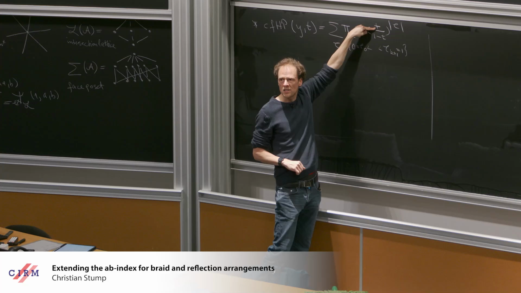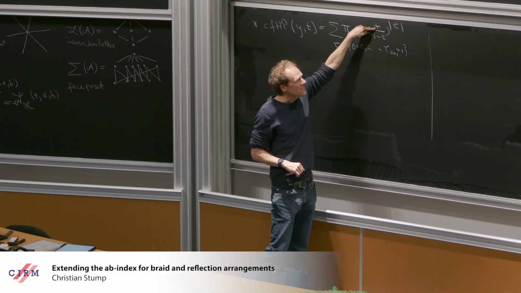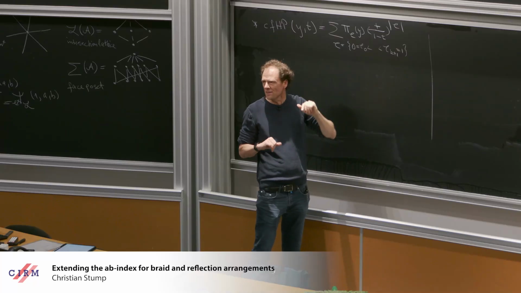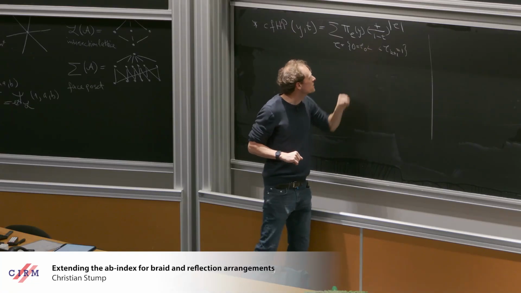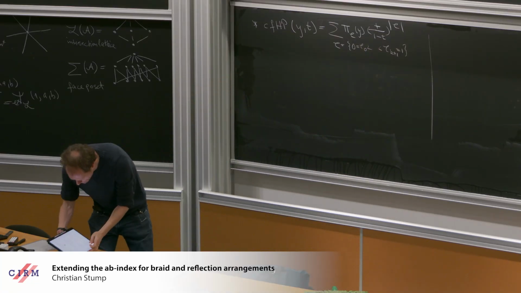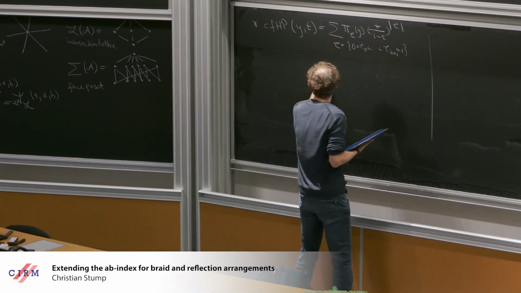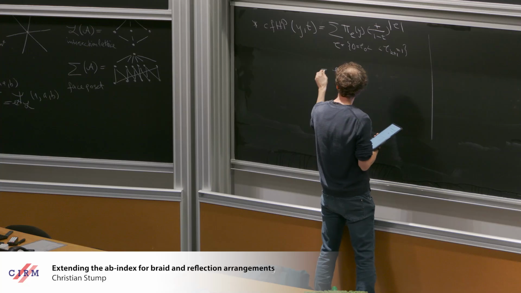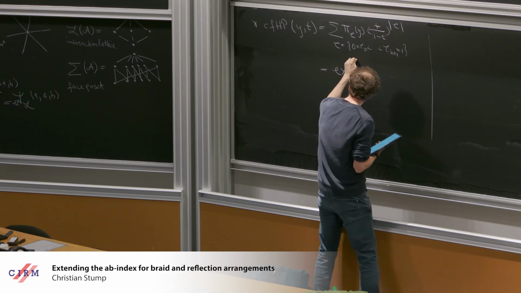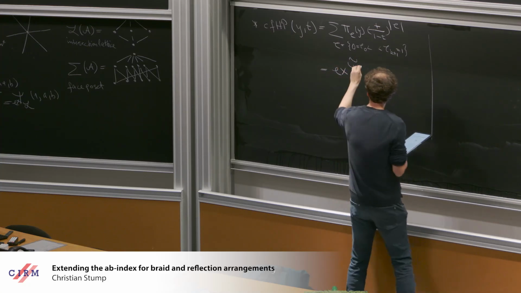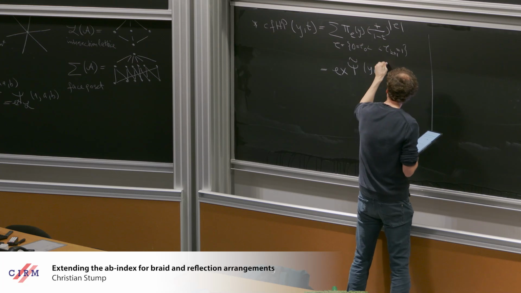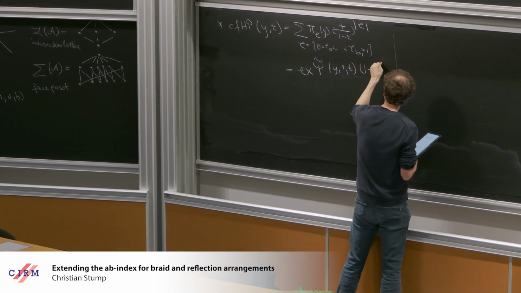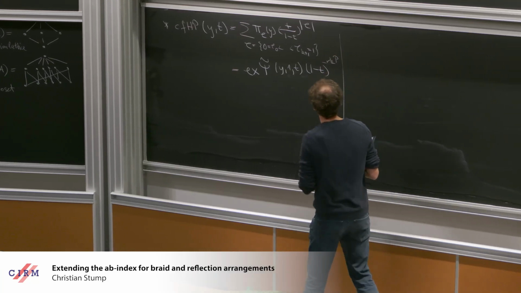So b is sent to t, and then a minus b must be sent to 1, and the remaining guys go here. If you write this down properly, this is exactly equal to the extended AB index when you delete this first letter, in y, 1, t, and then divided by 1 minus t to the minus the rank of p.